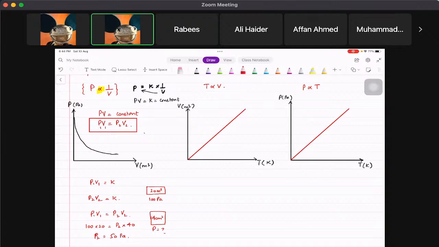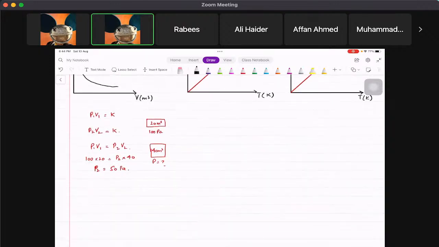Now the last thing we're gonna do today is basically changing Kelvin scale to Celsius and vice versa.